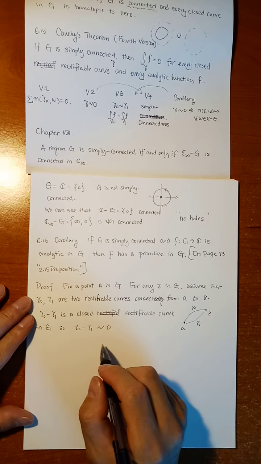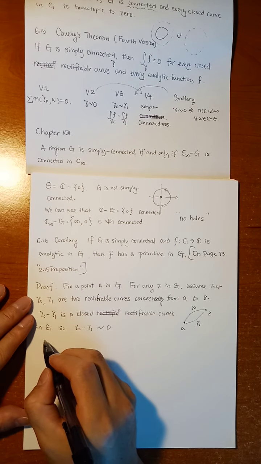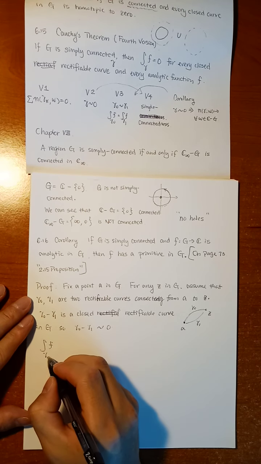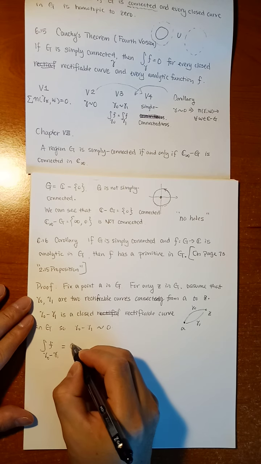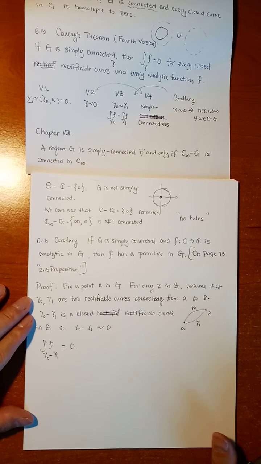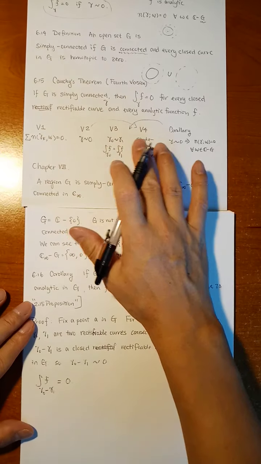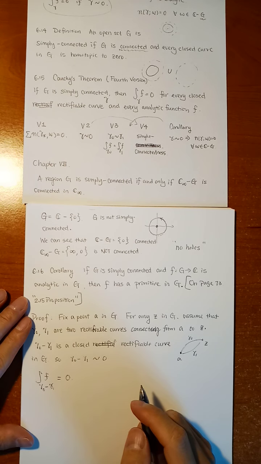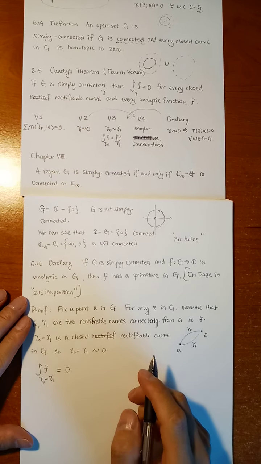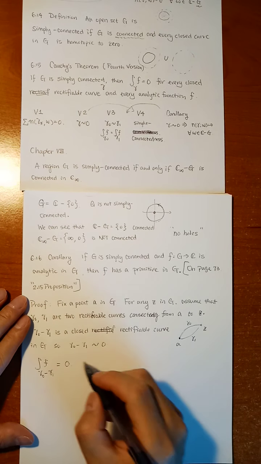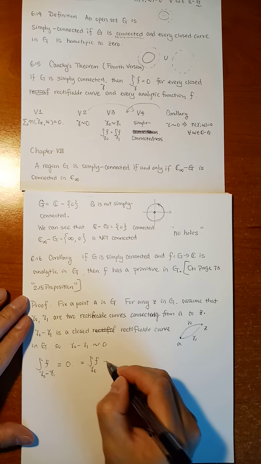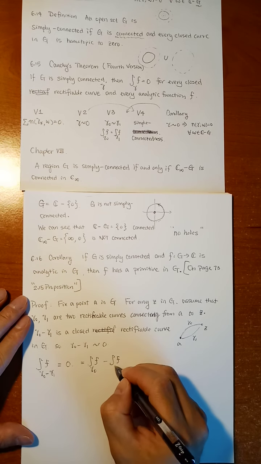If it is homotopic to 0, what do we get? We know the integral of f along gamma 0 minus gamma 1 is equal to 0. Right? This is the fourth version of the Cauchy theorem. And this integral can be written as the integral of f along gamma 0 minus the integral of f along gamma 1.